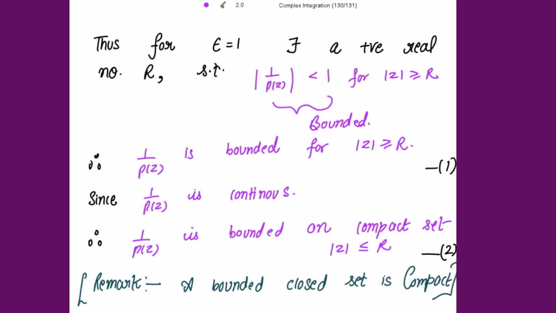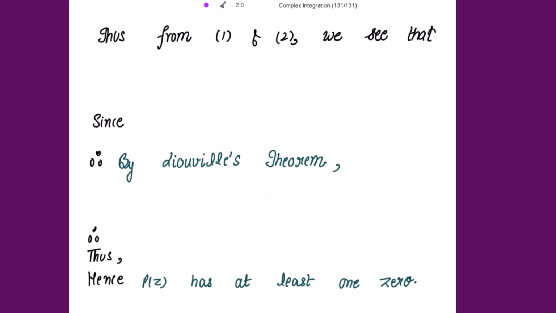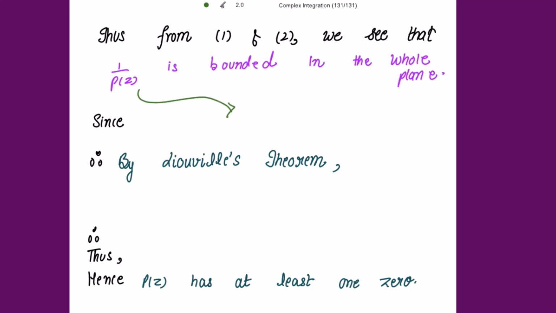Now we got that 1 over P(z) is an entire function and also bounded. What Liouville's theorem states is that a bounded entire function is constant. So this we have to write in the next step.